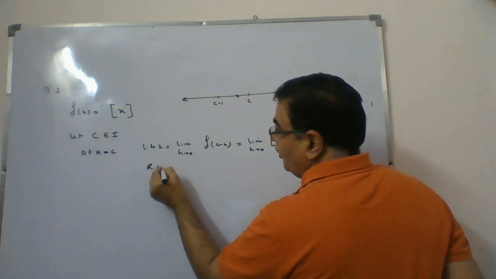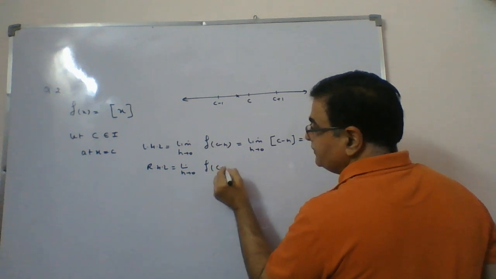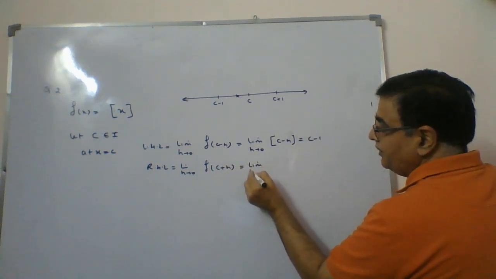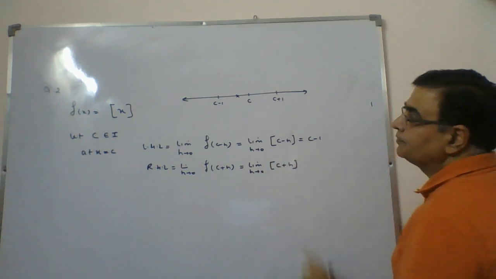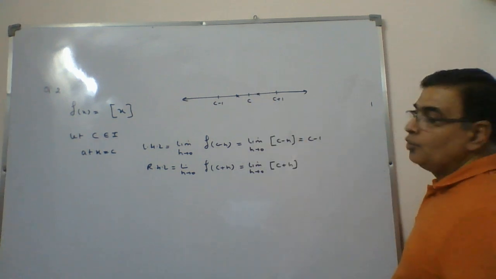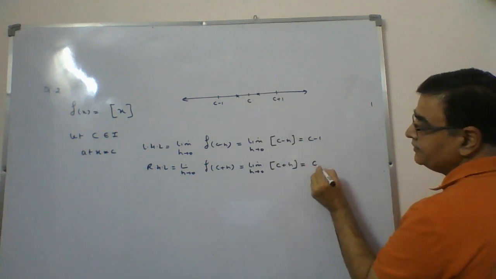Same way when you go for the right hand limit, it will be limit h approaches 0 of f(c plus h). Then I should write this as limit h approaches 0 of the greatest integer of c plus h. c plus h will be where? This is c plus h. When you take c plus h here, what is the integer just below it? That will be c.